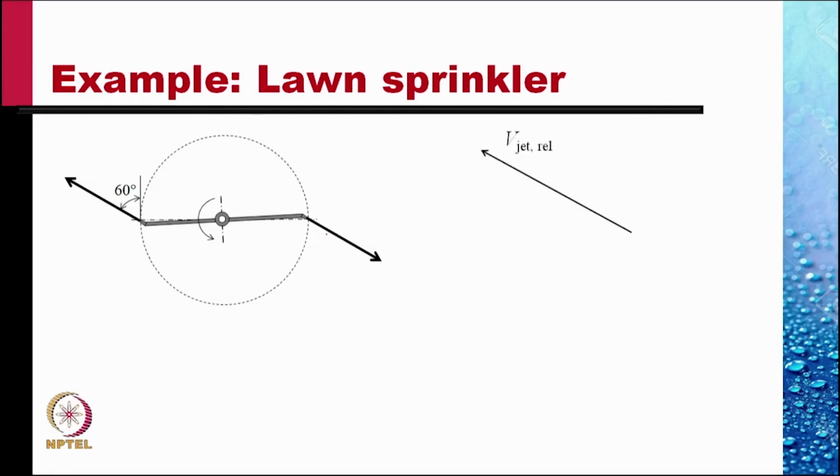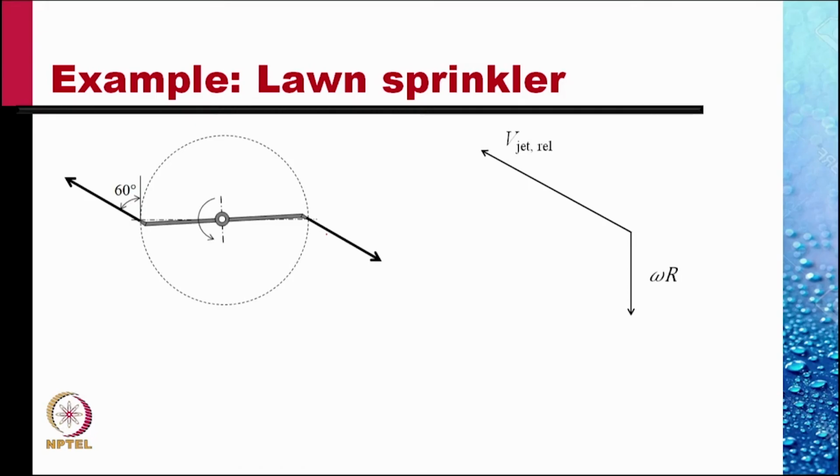This is V jet relative with respect to the sprinkler arms at 60 degrees to the vertical. But the arm is rotating and it has a component omega r downwards, if this is moving downwards.